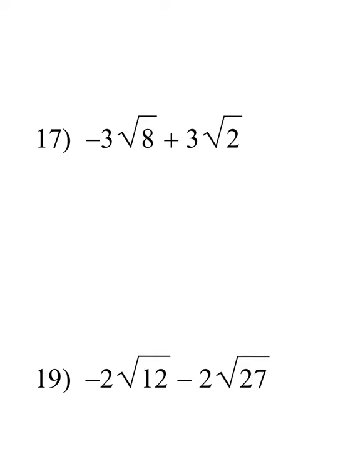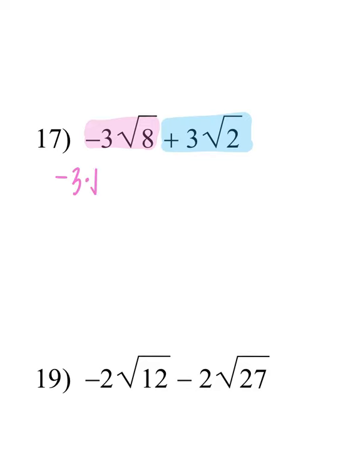Our first, and I'm going to talk in terms of words, our first term is negative 3 radical 8. And our second term is 3 radical 2. So I'm going to work only with my first term, negative 3 radical 8. So I have negative 3, and there's a perfect square in 8, which is 4.